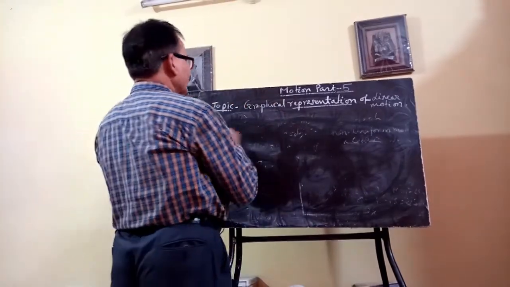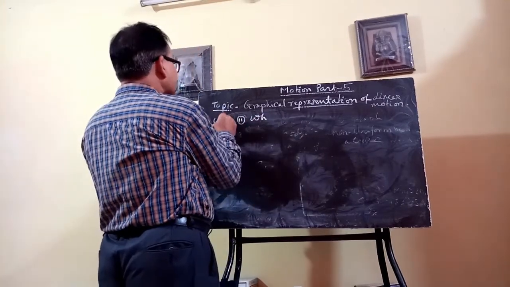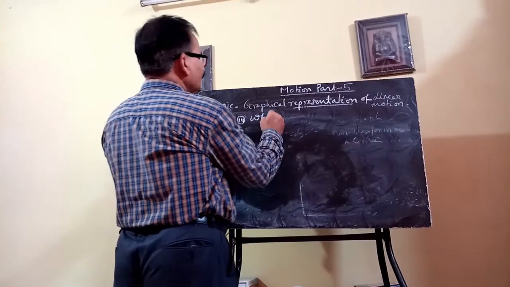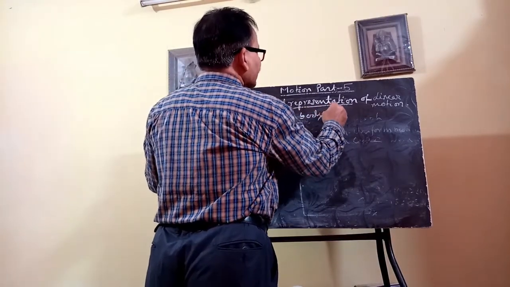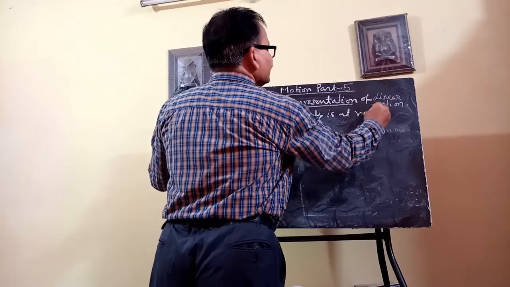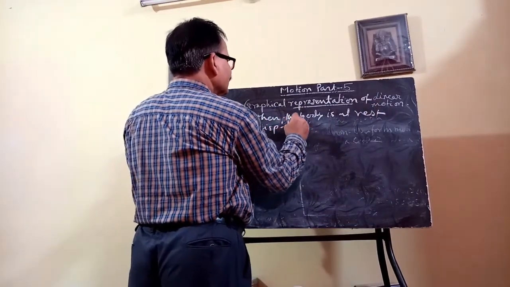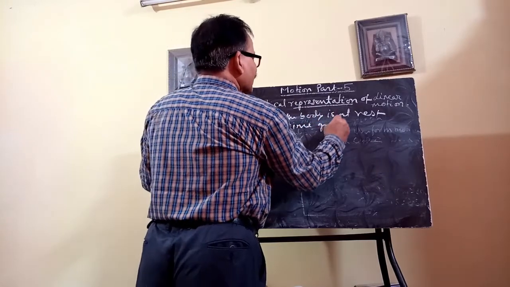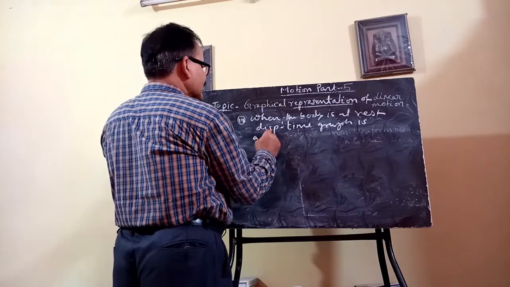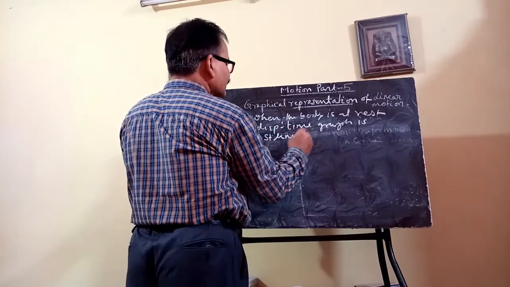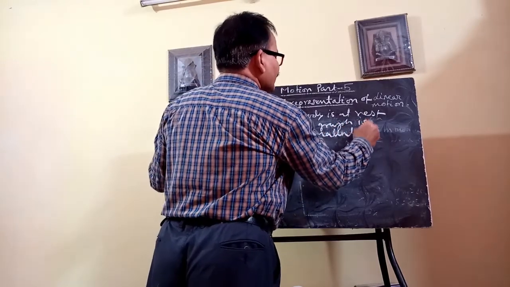So when the body is stationary, this is your case 3, when the body is at rest, then the displacement time graph is a straight line parallel to the time axis.